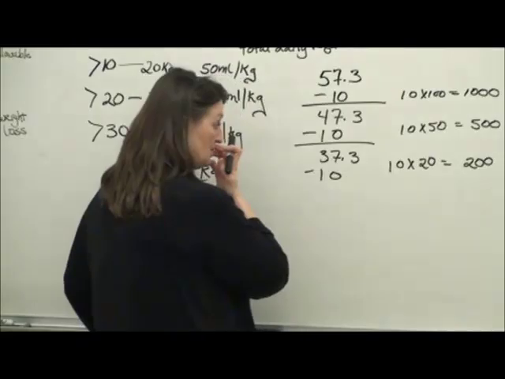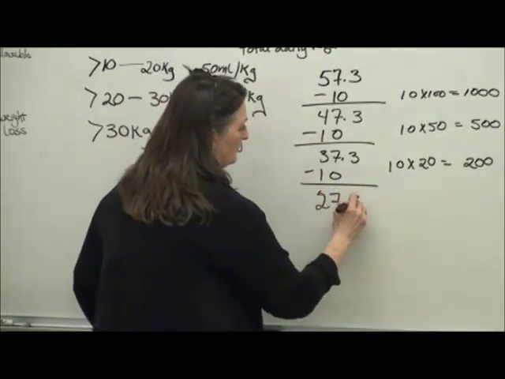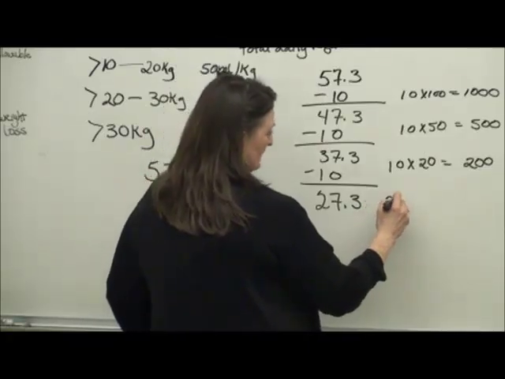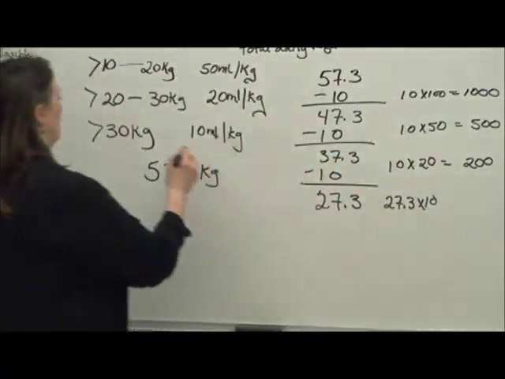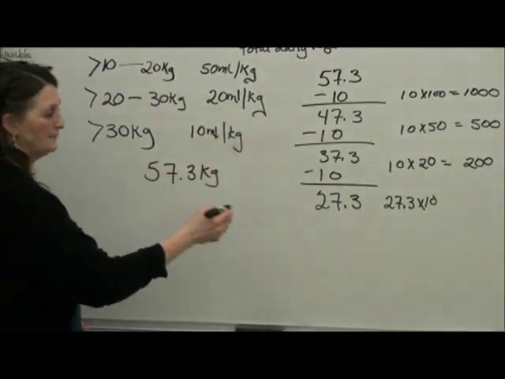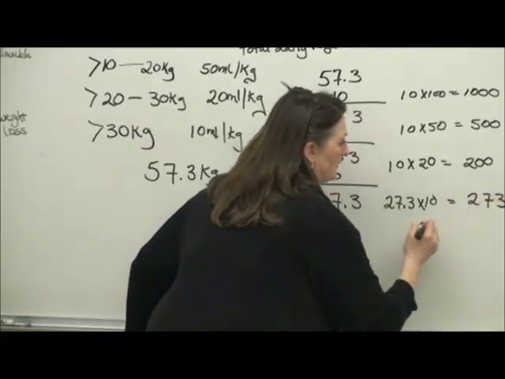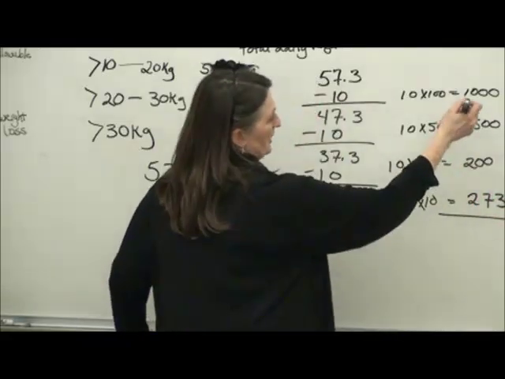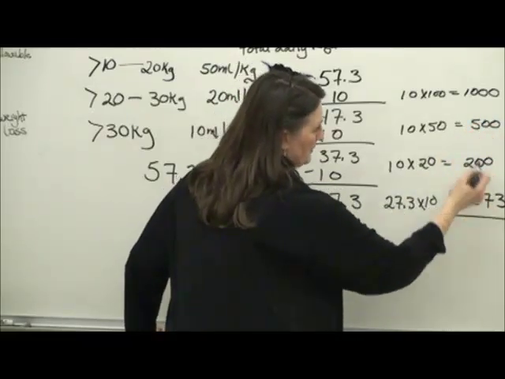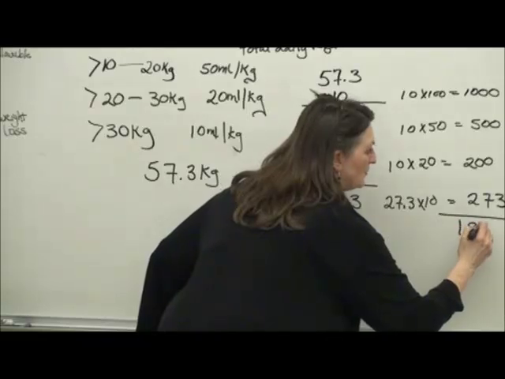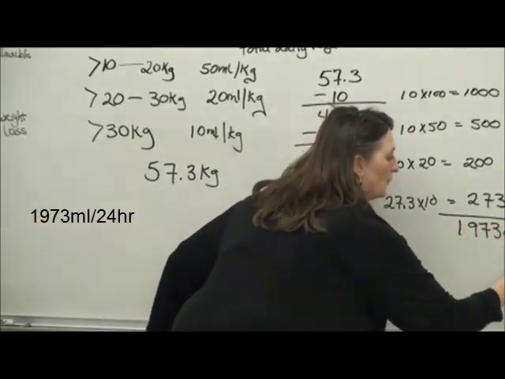That gives us another 200. And we're left with 27.3. 27.3 times 10, because every kilo after this is worth 10, is 273 milliliters. So this patient gets 1,000 plus 500 plus 200 plus 273, or 1,973 milliliters for that 24-hour period.